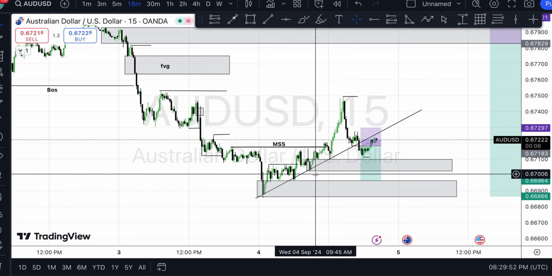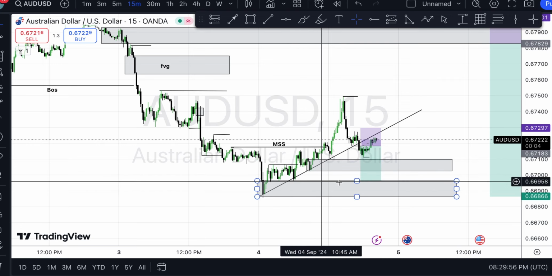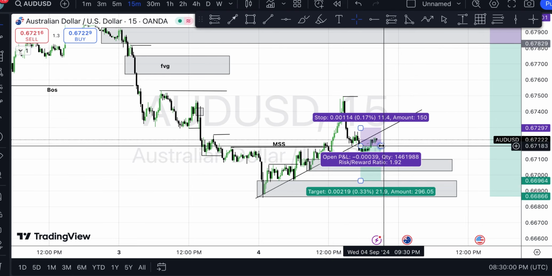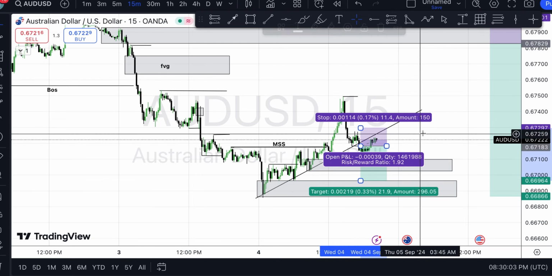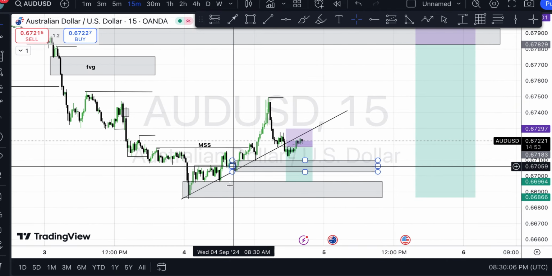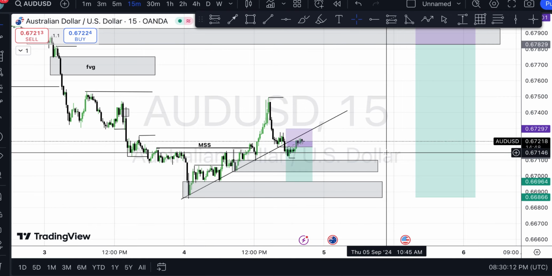I think price might come and take out this low here, and tap me in around this zone. So let's just see how price chooses to react. We can only predict, we can't control the market. So you always look for a buy opportunity on an uptrend, and also look for a sell opportunity on a downtrend.